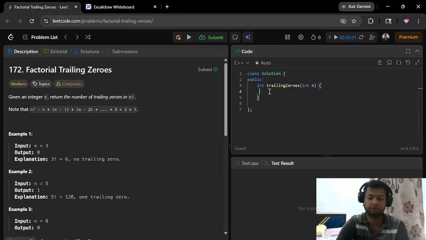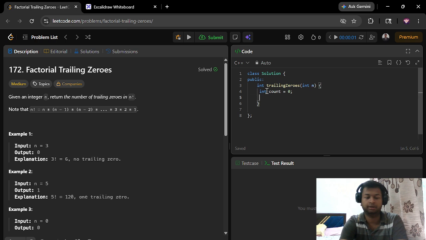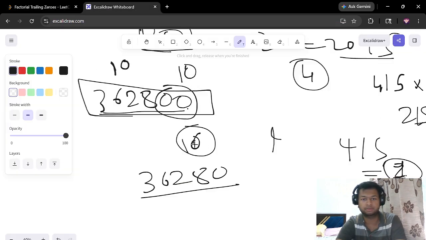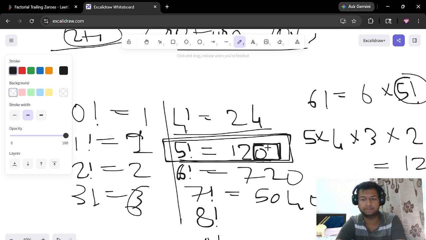Now let's do the code. So it would be int. First we will make a count variable, and now to find the trailing zeros we will check that the number is greater than 0, because negative factorials are not defined. And what we will do is divide the number every time by 5, because we know that starting with 5, every factorial has at least 1 zero: 4 factorial is 24 and 5 factorial is 120.